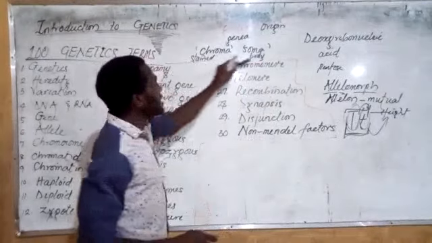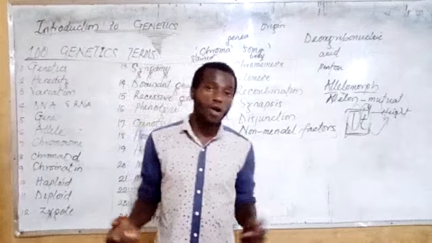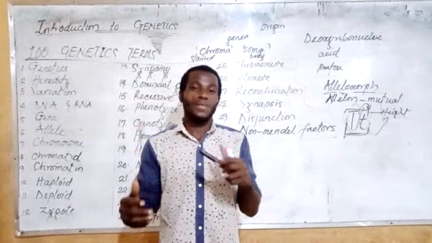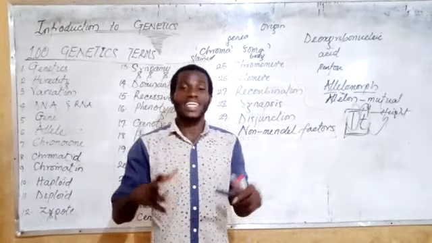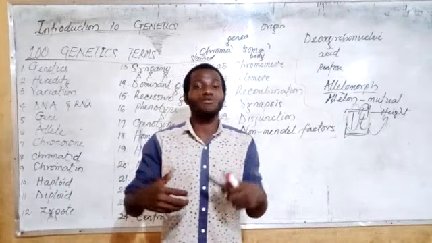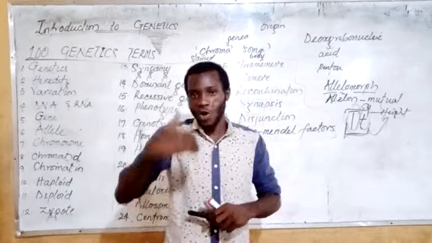Okay, so stained body. The reason they are named that is because, I've actually forgotten the scientist that named them first, but it was around Morgan or Bates. One of them named them first because of their characteristic property of being able to be stained easily during the metaphase stage of cell division.